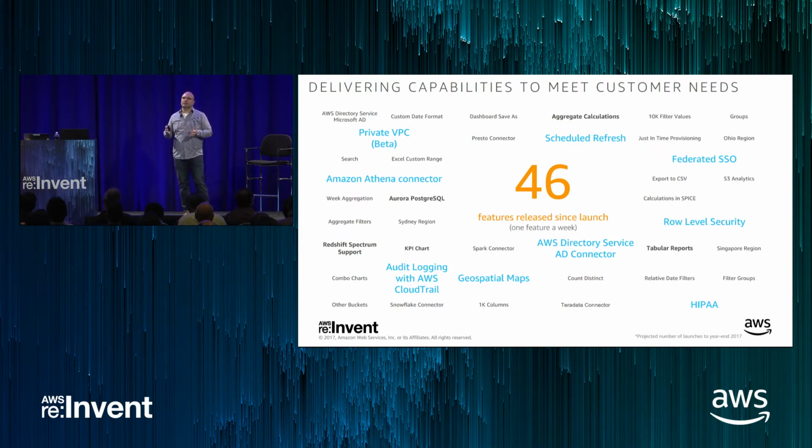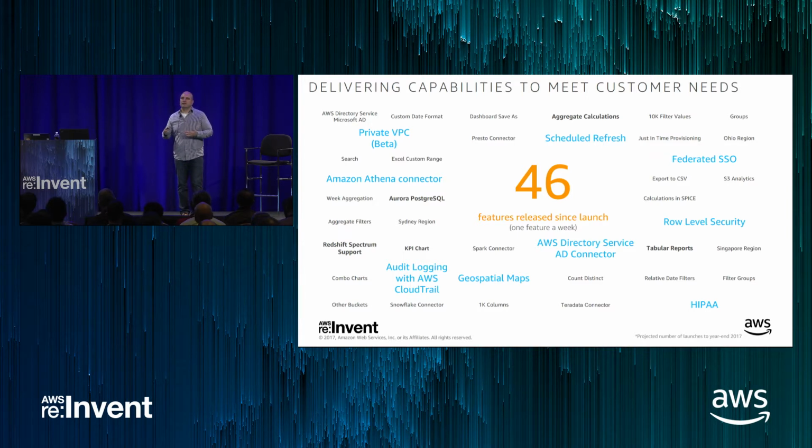We have been making a lot of improvements to QuickSight, and we'll highlight many of these throughout the session today. But some of the ones I just want to call out: scheduled refresh of data sets, access to data sets in private VPC, even some basics in terms of connecting to Active Directory on-premise to be able to have that federated authentication for users, and a lot of other connectors in terms of data sources, both AWS and non-AWS, that we've provided.